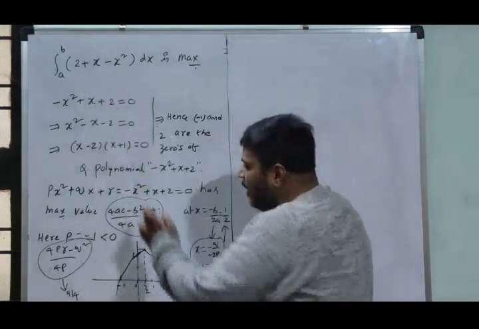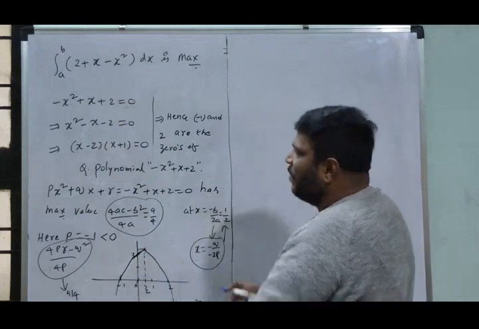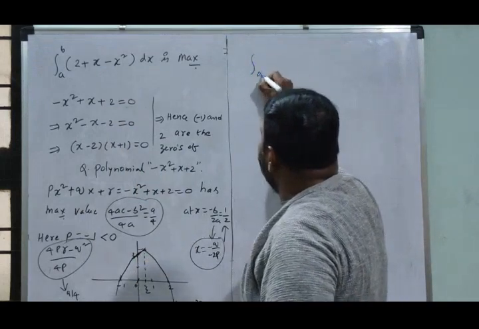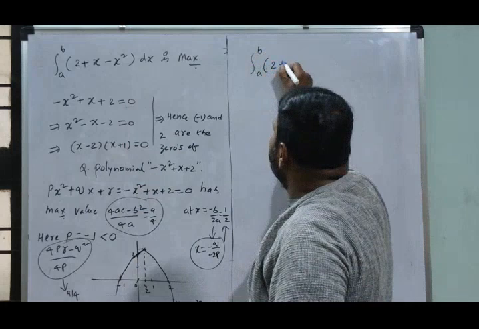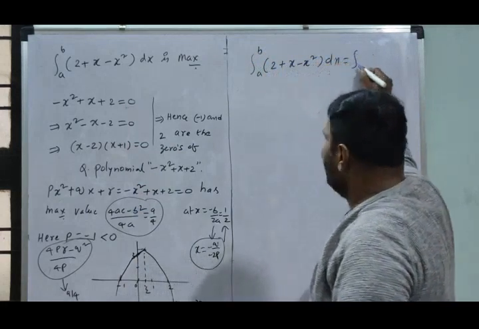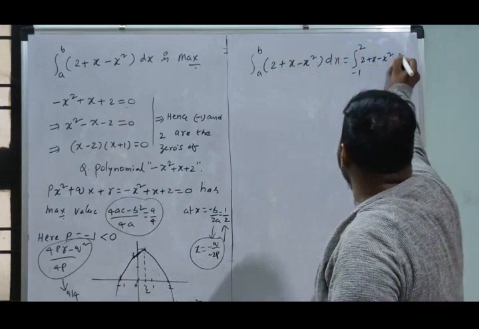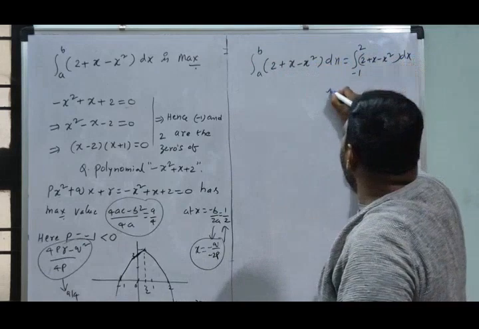That's why the integral from a to b of (2 plus x minus x square) dx, that is the integral from minus 1 to 2 of (2 plus x minus x square) dx, is maximum.